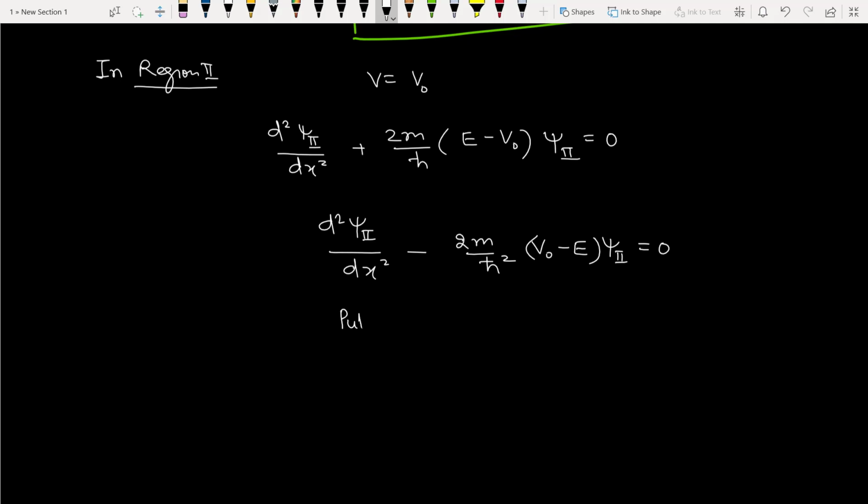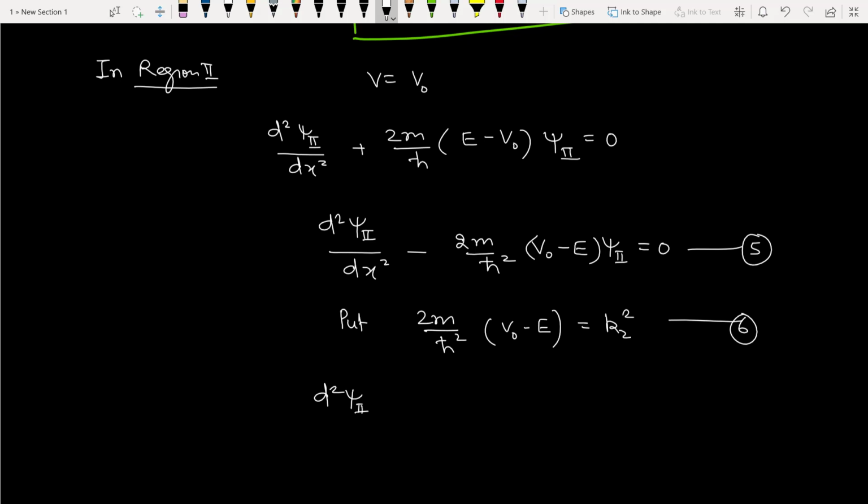So here we put 2m over h cut square times (V naught minus E) as k2 square. We mark this as equation number 5 and this as equation number 6. The equation will reduce to a simplified form, d2psi2/dx2 minus k2 square psi 2 equal to 0.